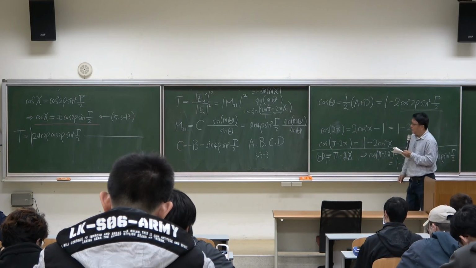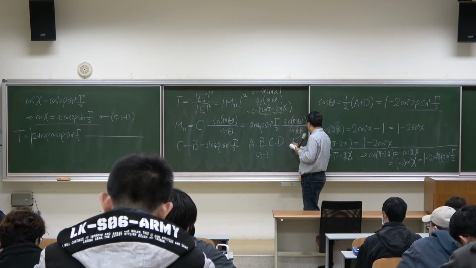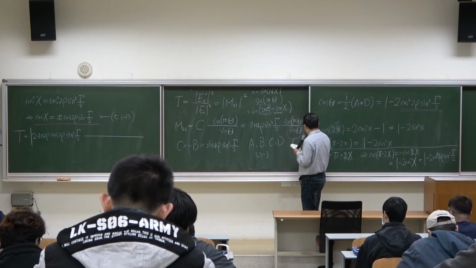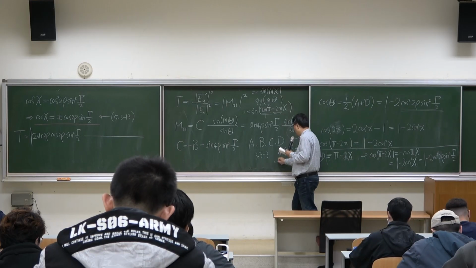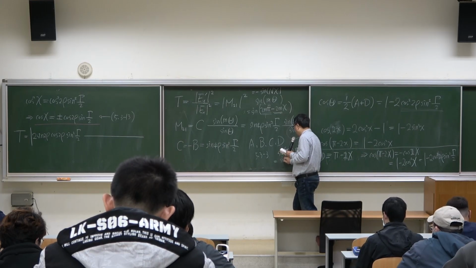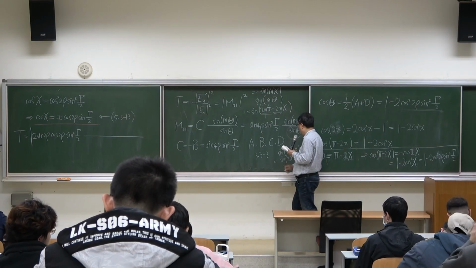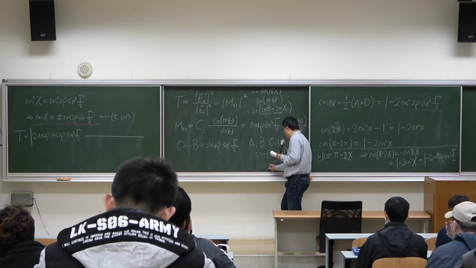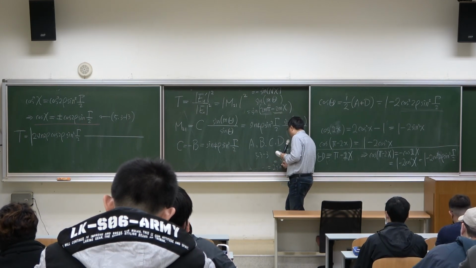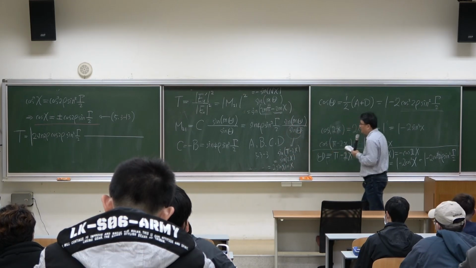Minus sine n chi. And sine theta is equal to sine of pi minus 2 chi, which is equal to sine 2 chi. And this is equal to 2 sine chi cosine chi. Okay?